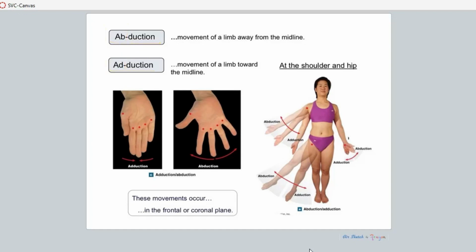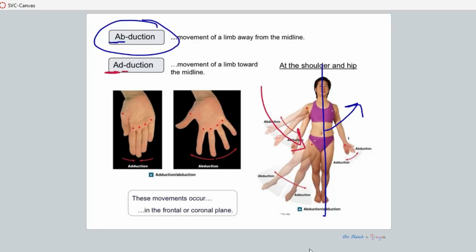What these movements do is they refer to movements away from the midline. So here's the midline of the body, and movements away from the midline are abduction. Movements toward the midline are adduction.